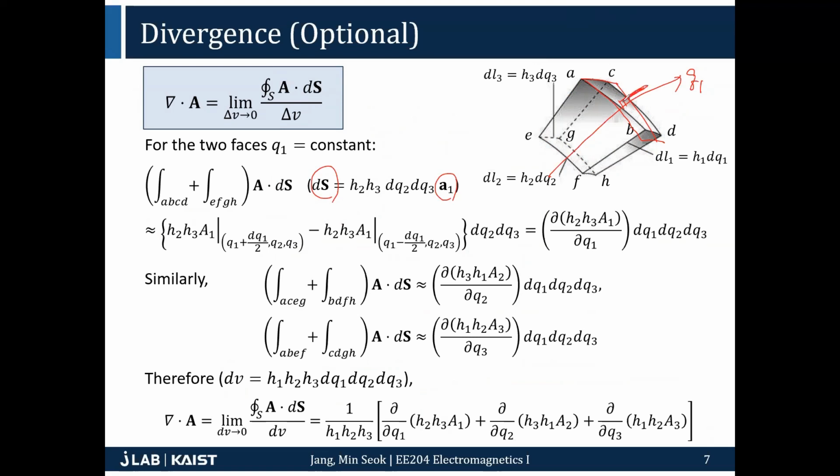So its direction should be this direction, which is positive A1, right? And for the similar face, EFGH, the direction is minus A1. Let me know if this is not clear enough.